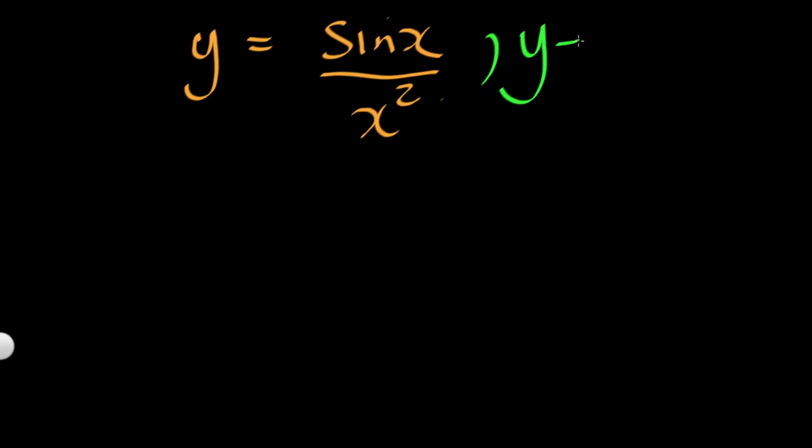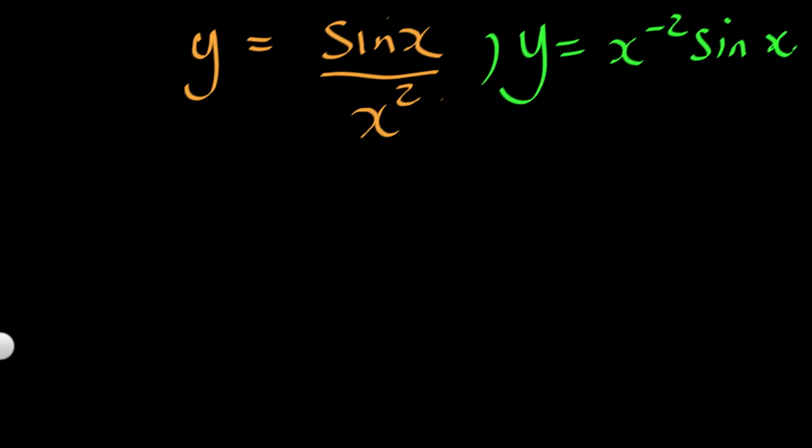We had y equals sine x over x squared. I can write this as y equals x to the power minus 2 sine x. I can do this because I'm simply applying the laws of exponents.